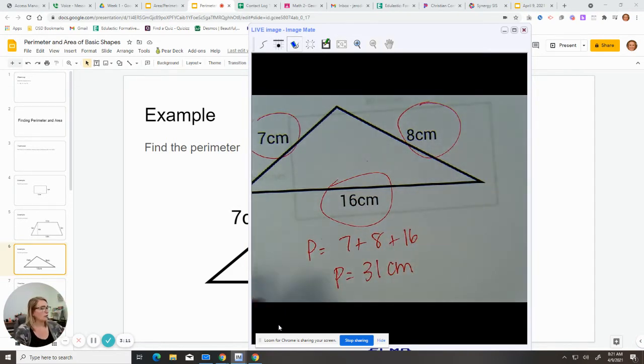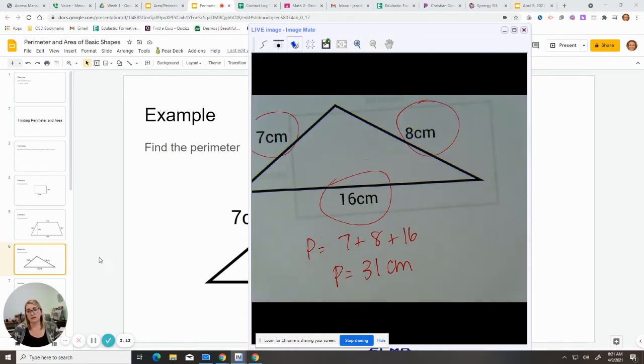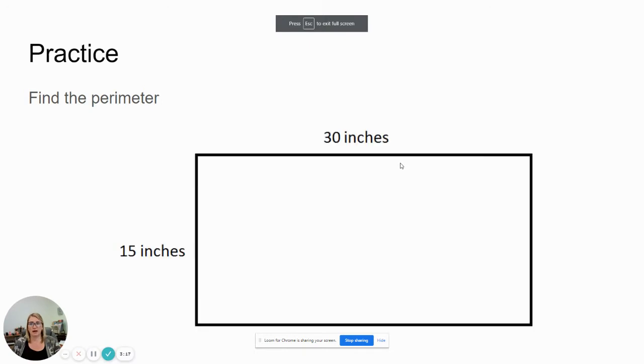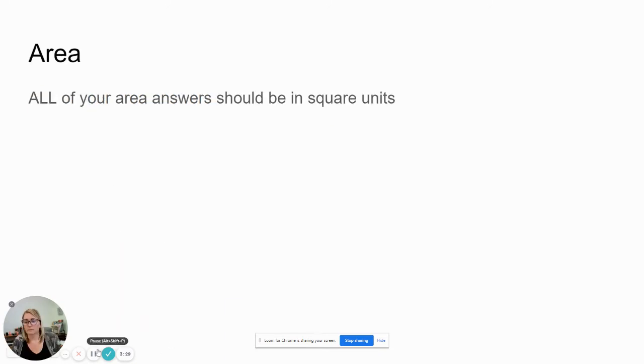Okay, so perimeter hopefully is something that will be fairly simple and straightforward for you. It's just adding everything around. I'm going to have you guys do an example or a practice on this, and then we're going to be moving on to area. So go ahead and find the perimeter of this rectangle.